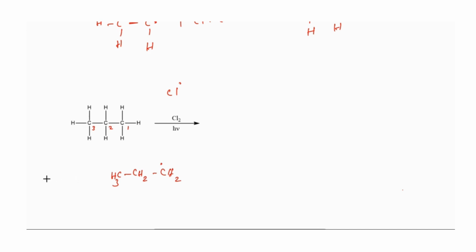If suppose at the first carbon, okay, first carbon. If it is the second carbon, we will get like this. If it is the third carbon, I will write here itself, because the third carbon will be the same.